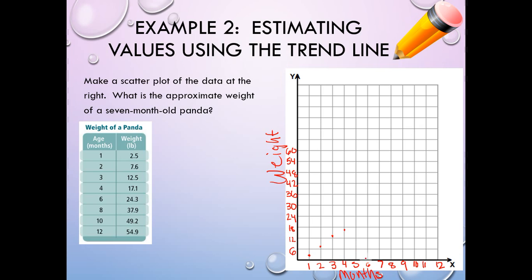6 is 24.3, so just above 24 right there. 8 is 37.9. Okay. 10 is 49.2.